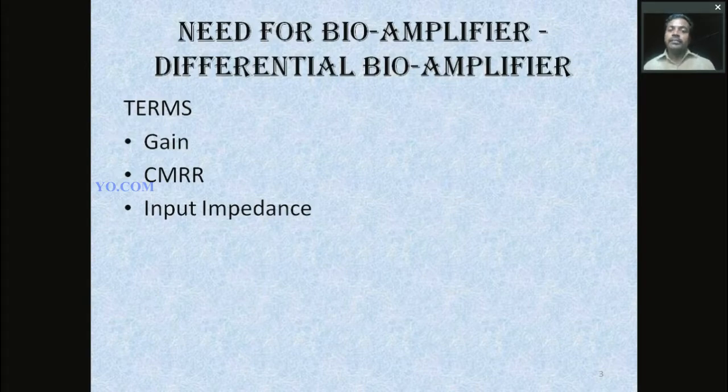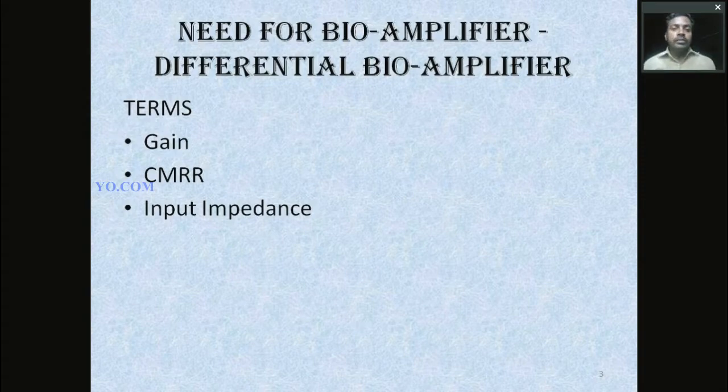So this weak signal is amplified by the biological amplifier, so it cannot receive any current from the input side. So if the input impedance is very high, then the biological amplifier can amplify a very weak signal.